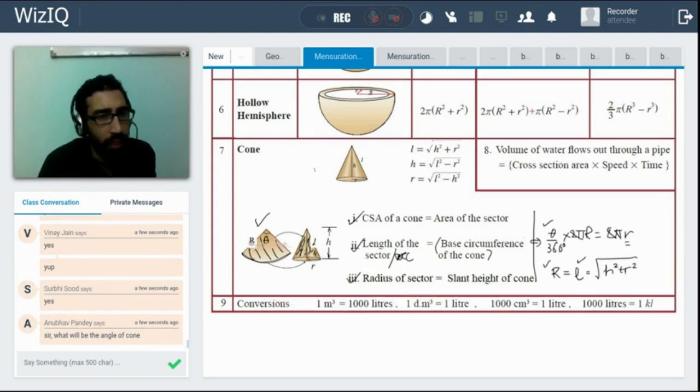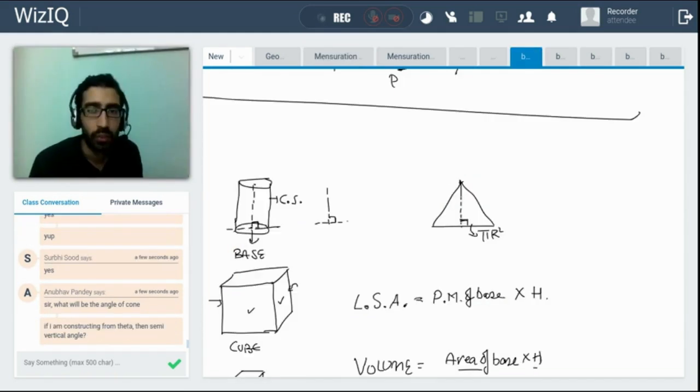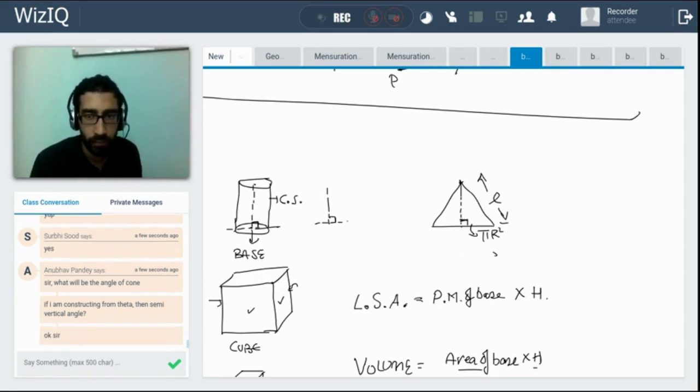What will be the angle of the cone? 90 degrees. So this angle you don't need to really care about. Here, if this is the cone I get finally, with slant height L, radius r, and height h, then this is the semi-vertical angle.